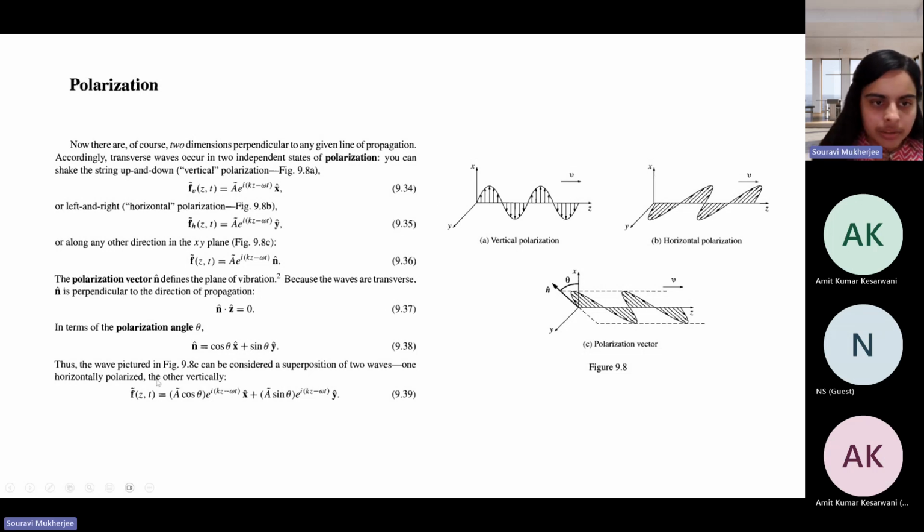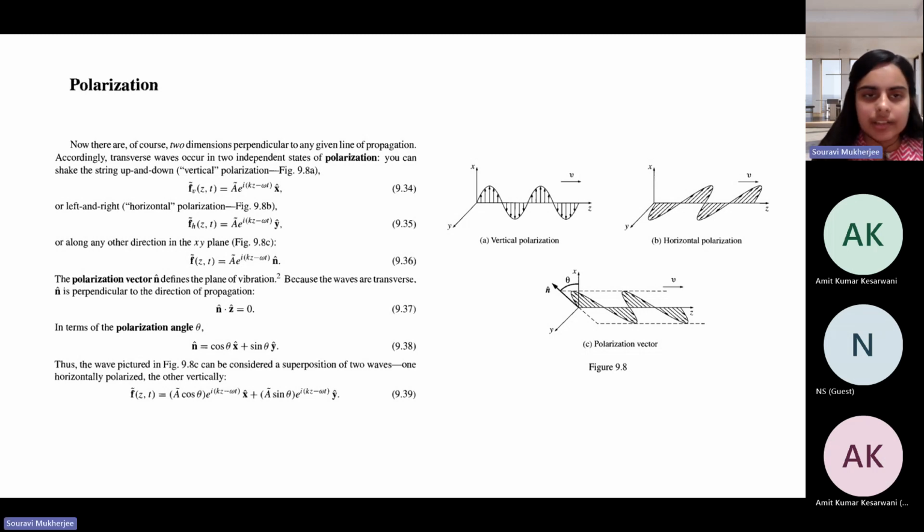In this regard, there can be different kinds of polarization. Suppose you have a sinusoidal wave in x, and then a similar sinusoidal distribution in y. Then it can come up as circularly polarized light.